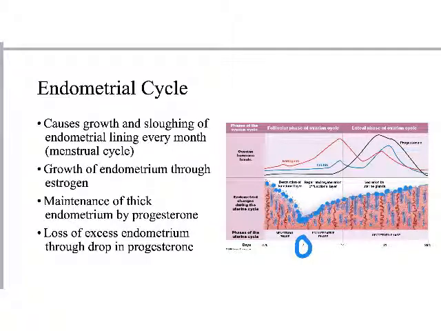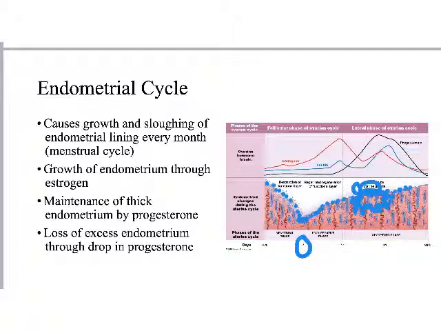And that's so that if the woman becomes pregnant, you now have a nice thick endometrium that the embryo could then implant into and form a placenta, and it can attach into that thick endometrium, and then it can begin to grow and develop normally.